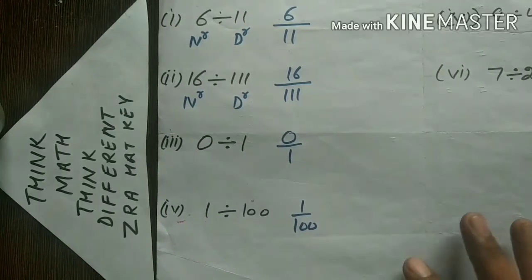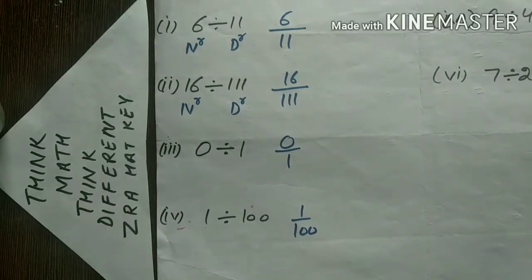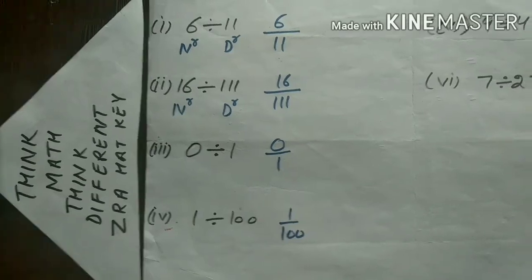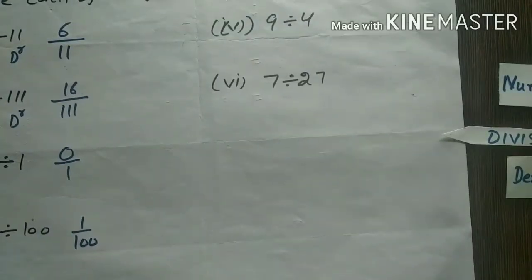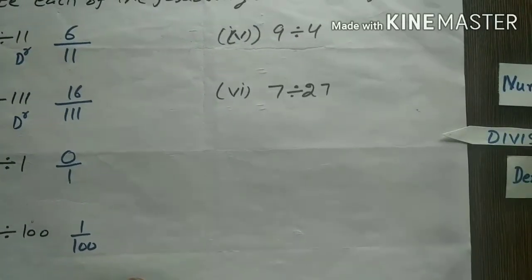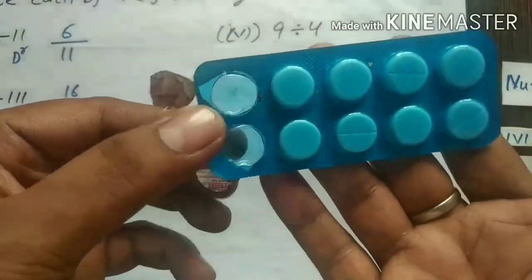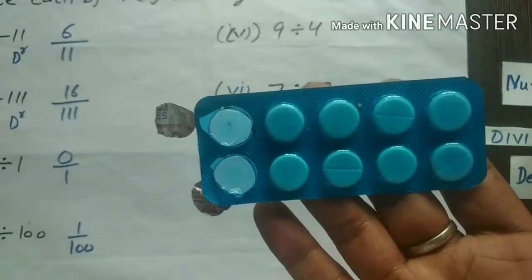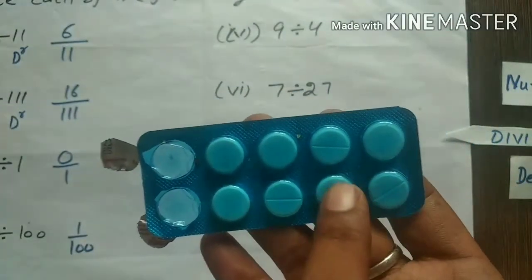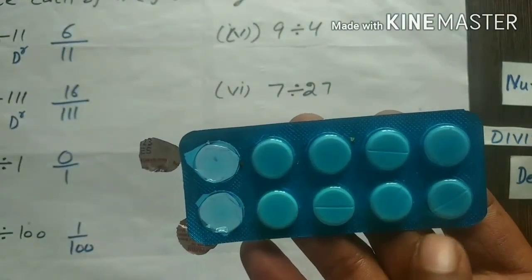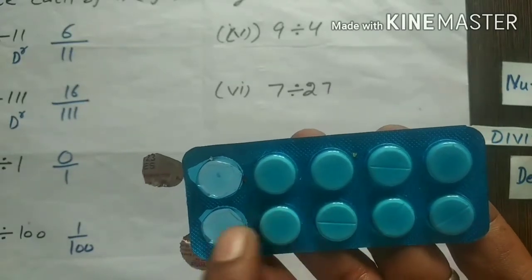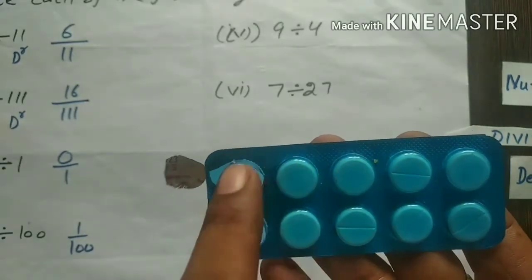Now student, let me remind you the concept of fraction as I have made it in the last video. So I take an example of these pills. You can see in this packing how many pills were there. 1, 2, 3, 4, 5. 1, 2, 3, 4, 5. 1, 2, 3, 4, 5.